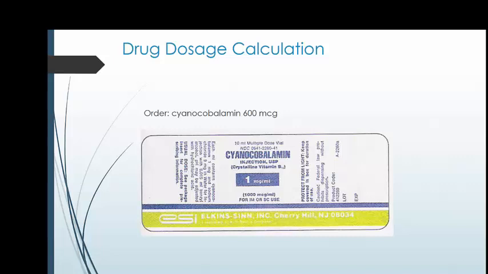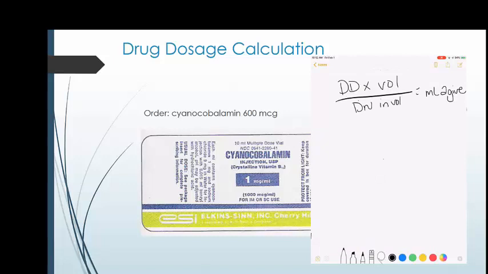Either one is perfectly fine, but you have to use the same either way. You can't use one and one of the other. You have to use both total or base. So 600 micrograms times your volume, which would be 1 milliliter, because I'm using the base concentration, divided by the 1,000 micrograms in that 1 milliliter. And so you get 600 divided by 1,000, which gives you 0.6 milliliters.